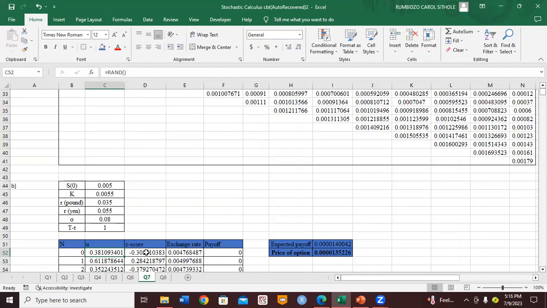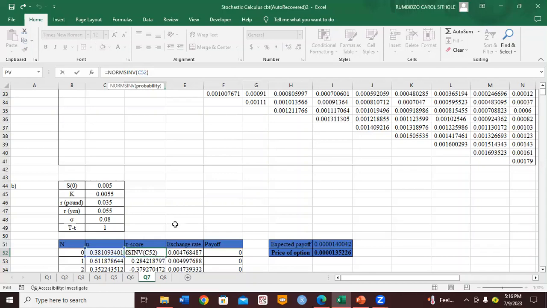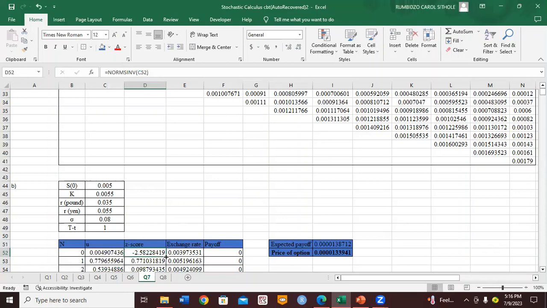And then for the Z-score, you use here the normal inverse to calculate using this value given your Z-score. And then you click enter. Then you double click so that it calculates throughout. So you'll notice that each time you hit enter, it will be changing because you put RAND. So it gives you random values throughout for the 100,000 iterations that you're doing.